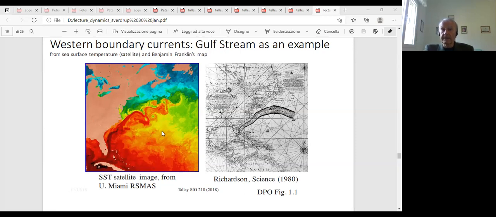Therefore, by navigating through this area, you can easily see these changes in velocity. In fact, the first measurement of the Gulf Stream was obtained from ship drift in that area. By looking at the drift of the ship, people were recording the currents.